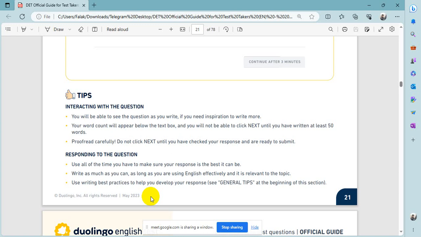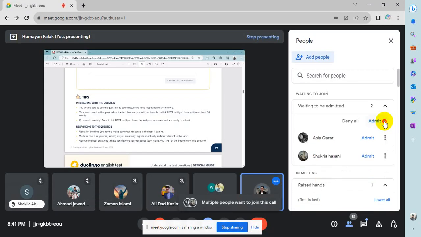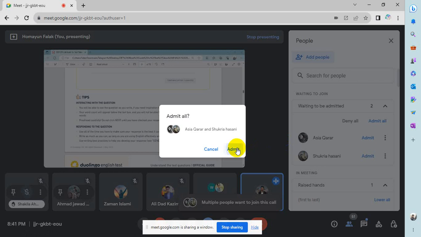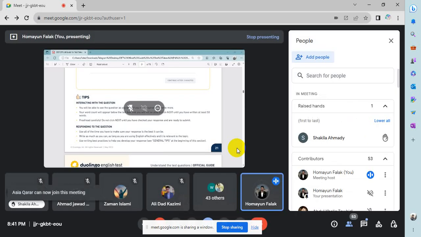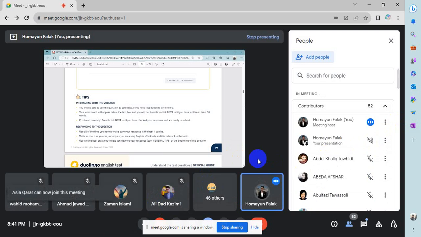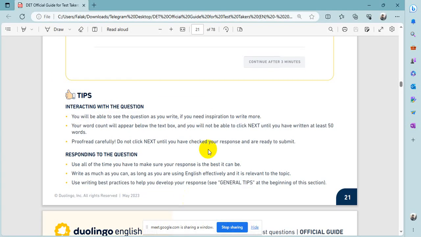And if you don't write for 5 minutes, the question will automatically move on. But if you write about 50 words, which takes around 3 minutes, the next button will light up, and you can move on. But I suggest you please don't do that, and use all the time you have and write as much as you can.